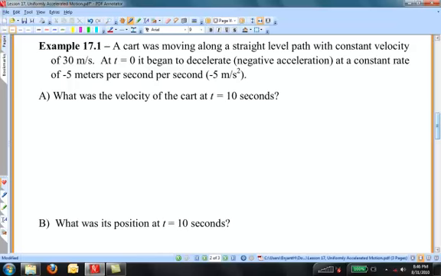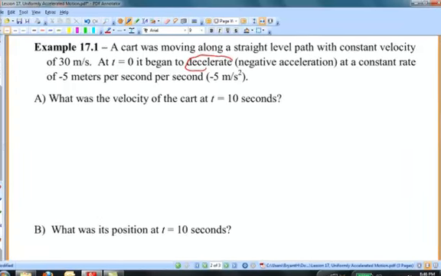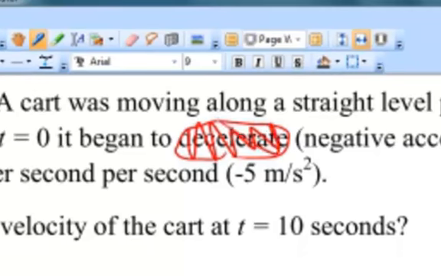First, let me begin with a comment. I do not like this word decelerate. Here's the reason I don't like it. Because in our common use of the term, we normally think that automobiles decelerate and then they come to a stop, and that's the end of the motion.